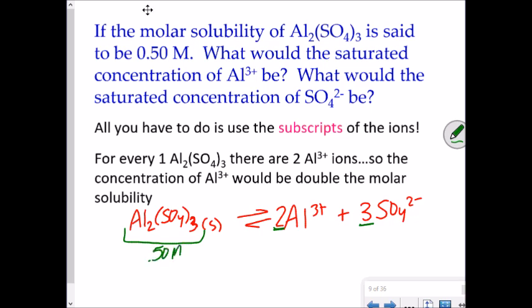If that breaks apart, for every one that breaks apart, you should get 2 aluminums out of it. So if you have 0.5 of the crystal, how much aluminum should you get? 2 times it, so this would be 1 molar, good. And then for the sulfate, every time that aluminum sulfate broke apart, you would get 1.5.